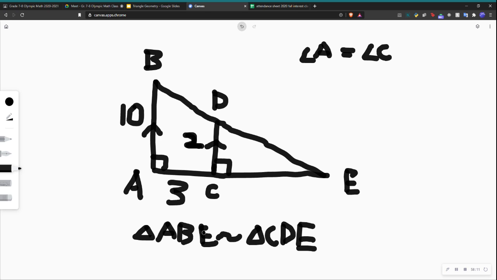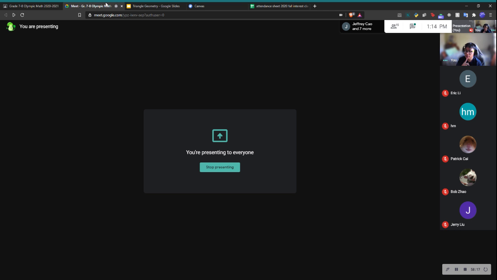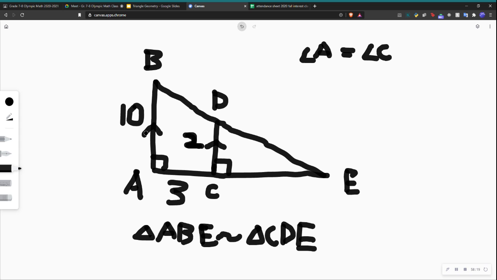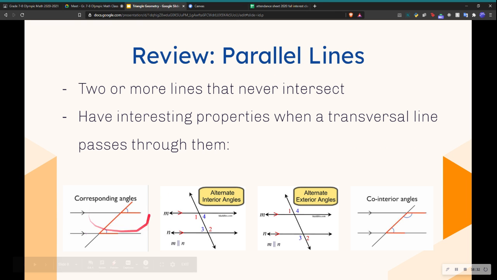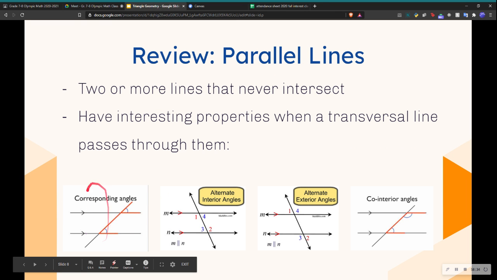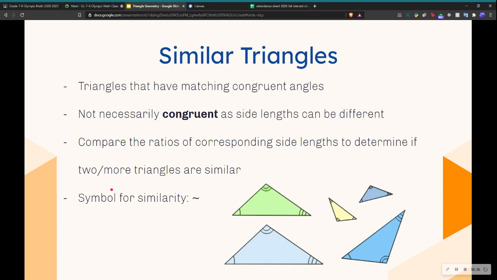Actually, I just realized we didn't have to use parallel lines. But I guess these are considered corresponding angles. So angle A and angle C would be considered corresponding angles, with the parallel lines right here.